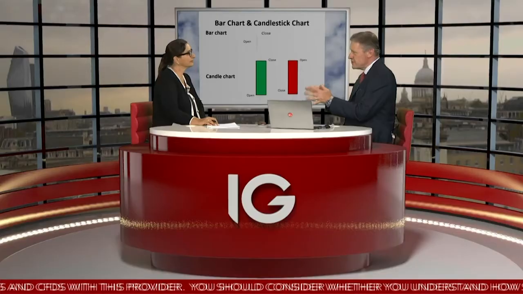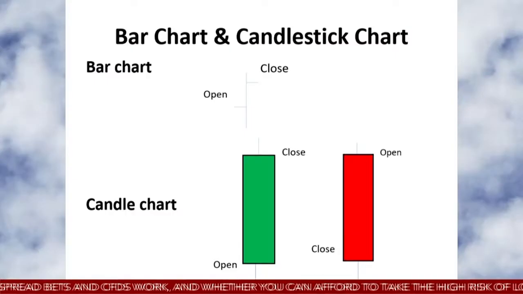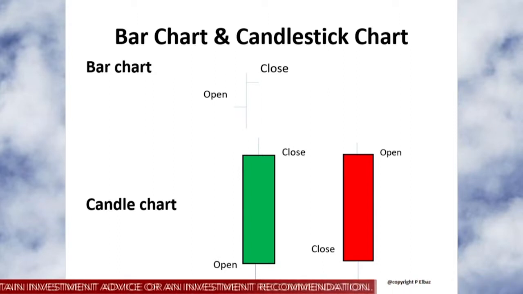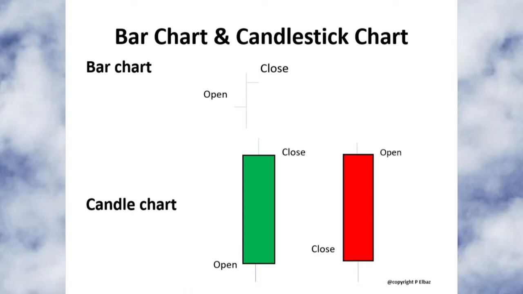Okay, you've mentioned two sort of candlesticks there, but let's go back to basics. You've given me some graphic slides here which indicate what they mean. Introduce us to the concept. Yes, so to have a candlestick chart, essentially you need four prices: the open, high, low and close. The bar chart gives us exactly that.